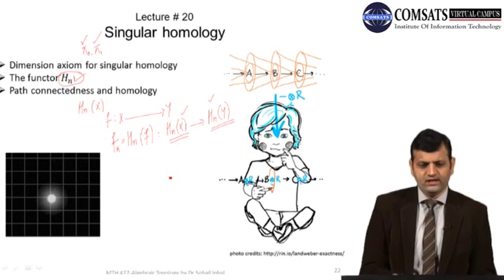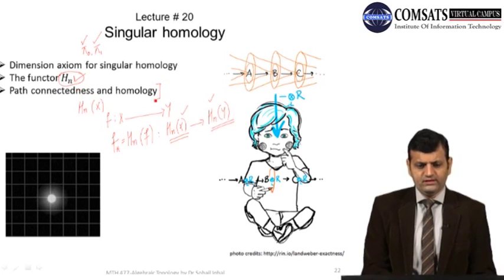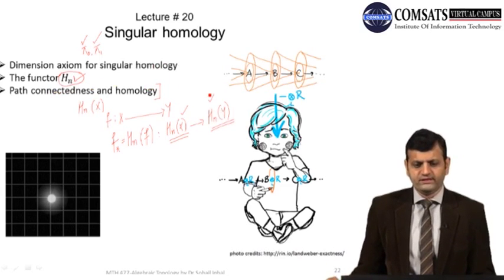So that discussion helped us while trying to understand the properties of this functor. Okay, and in the last section of this lecture we discussed path connectedness and homology. So what's the relationship between path connectedness and homology?